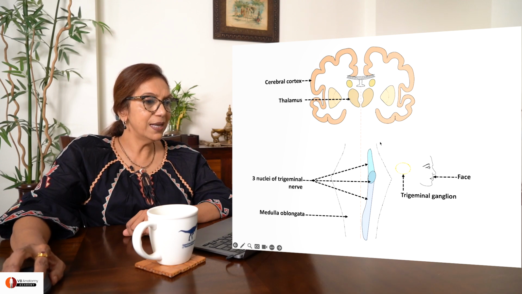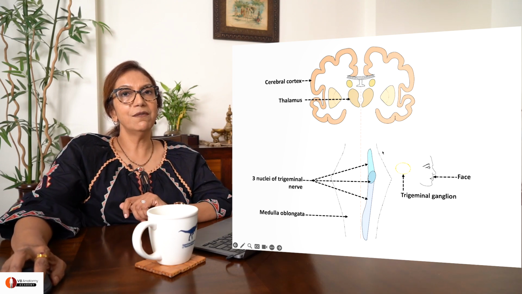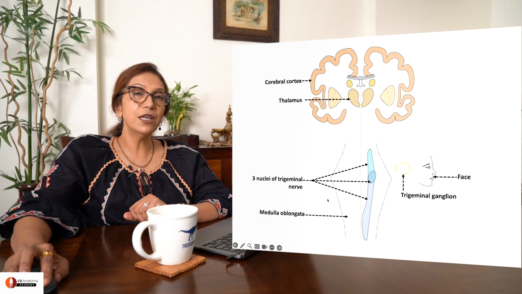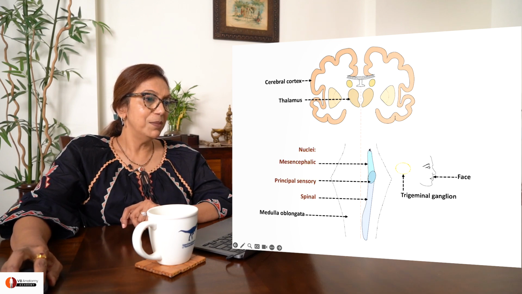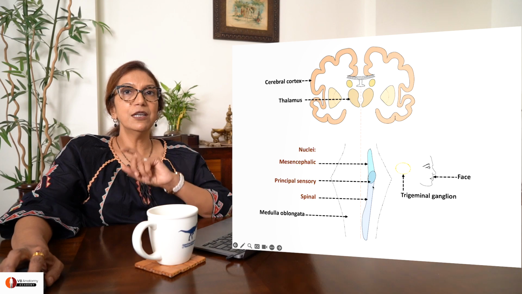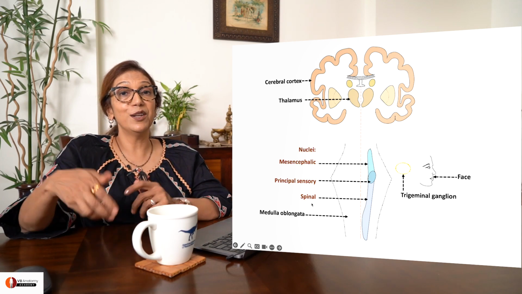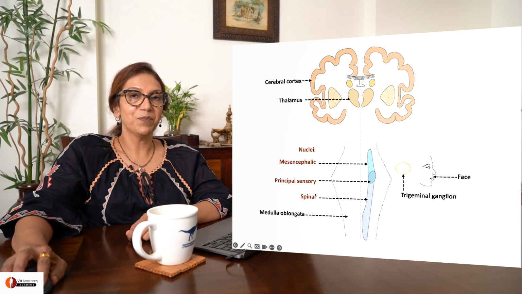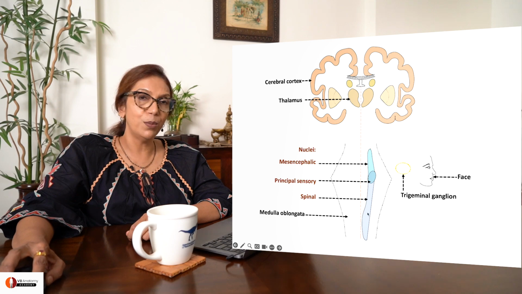This whole thing is your brainstem. In the brainstem, trigeminal nerve has got three sensory nuclei. Okay, what are these three sensory nuclei? Mesencephalic nucleus in midbrain, principal sensory nucleus in pons, and spinal nucleus of trigeminal nerve, which is what we are discussing in the medulla oblongata. So this whole thing is your spinal nucleus in medulla oblongata.